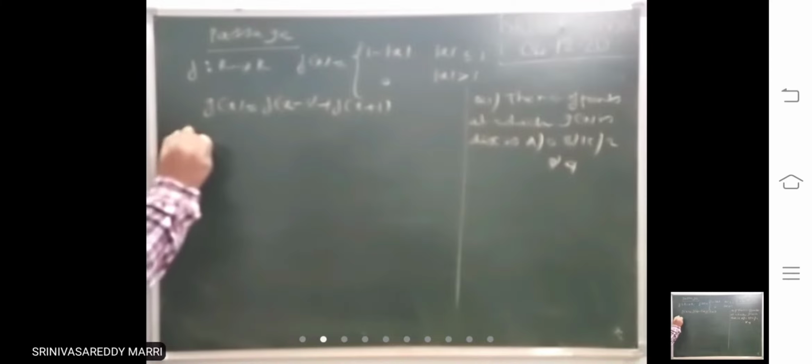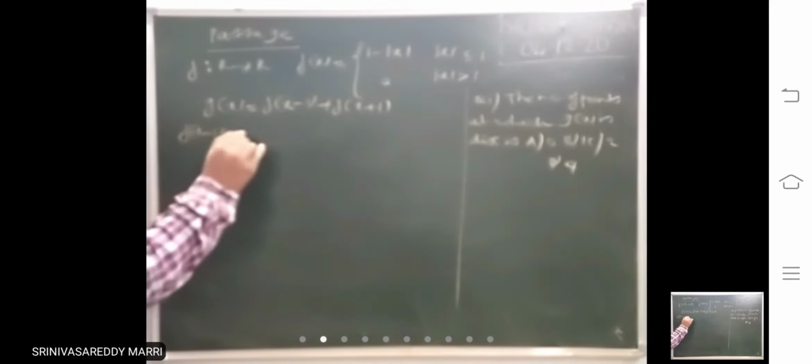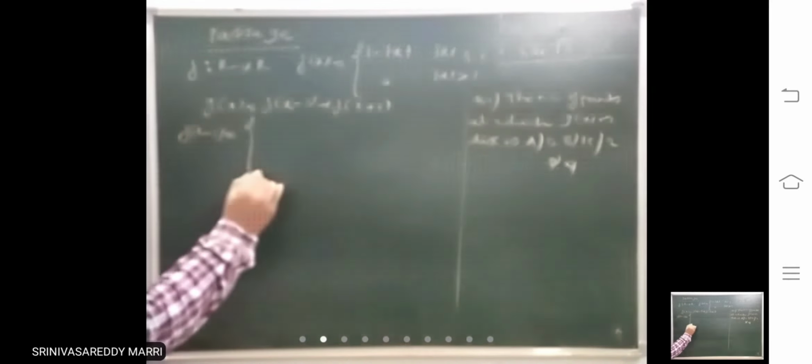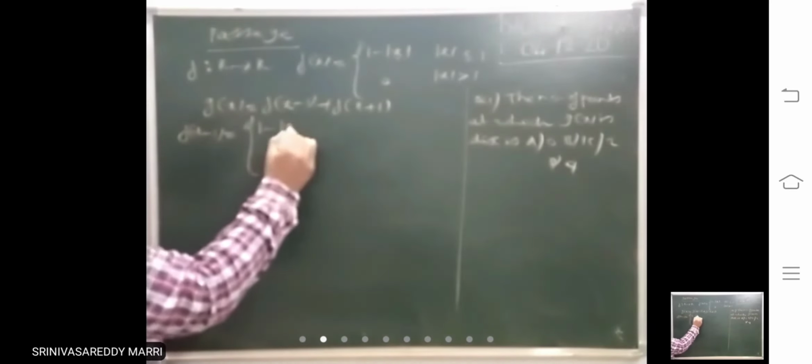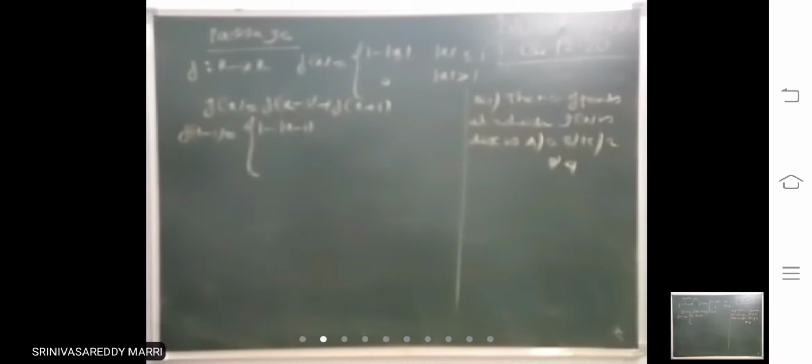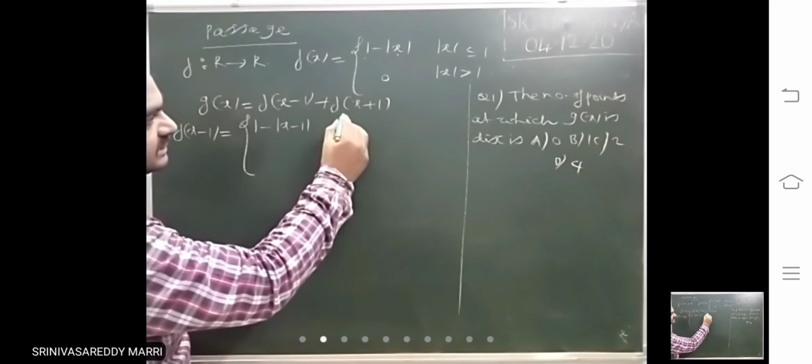F of x minus 1 first. F of x minus 1 is nothing but, in place of x, substitute x minus 1.